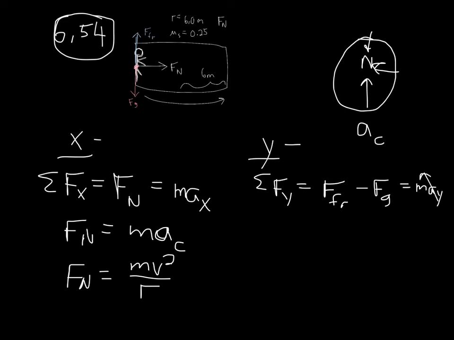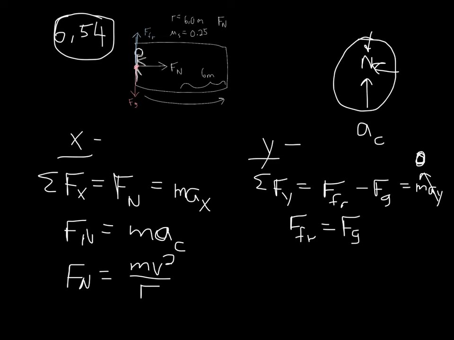Acceleration in the y direction has to be 0. What happens if it isn't 0? Then they're moving and this carnival is going out of business. So force of friction has to be equal to Fg.